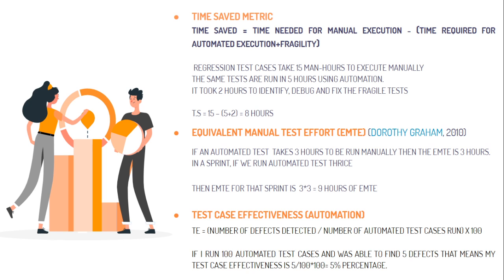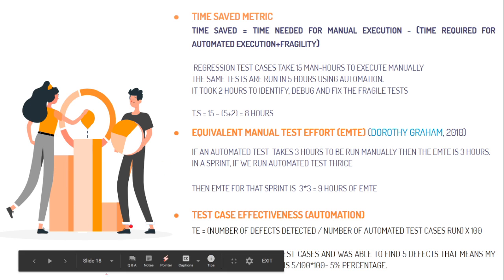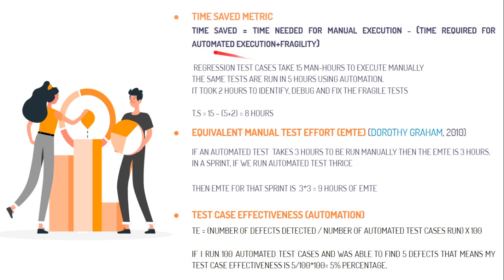Firstly, talking about the time saved metric, it has a simple calculation. Time saved equals time needed for manual execution minus time required for automated execution plus fragility. Let's say a regression test takes 15 man hours to execute manually, and the same test takes 5 hours using automation, and it took 2 hours to maintain these tests.